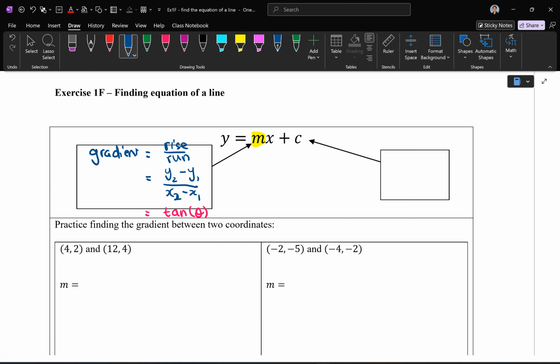Next one, what does c stand for? What does c stand for? Let's go with Yuna. The y-intercept, very good. And Nishi, how do you find the y-intercept? Very good. So the y-intercept is a coordinate on the y-axis.